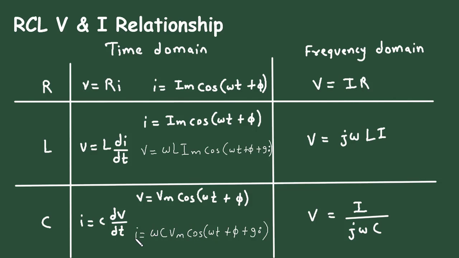So the final current and voltage relationship will be i is equal to omega C Vm cos(omega t plus phi plus 90 degrees). And for frequency domain, V is equal to I divided by j omega C. So remember all of these formulas.